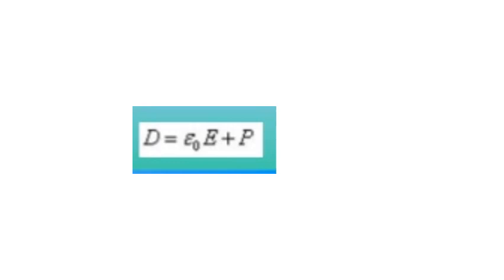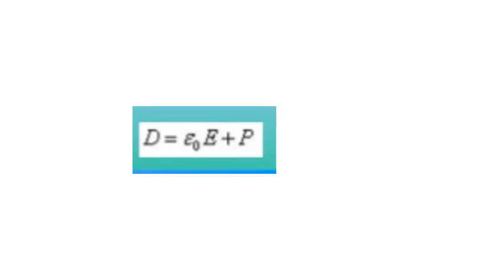As we have introduced these three quantities, D, E, and P: E is the applied field, P is the polarization, and D is the displacement field. The displacement field is due to these two, the electric field and polarization.